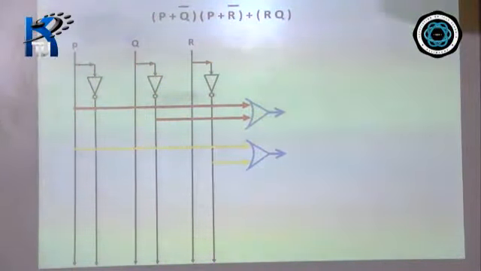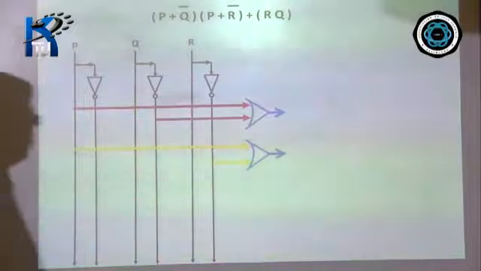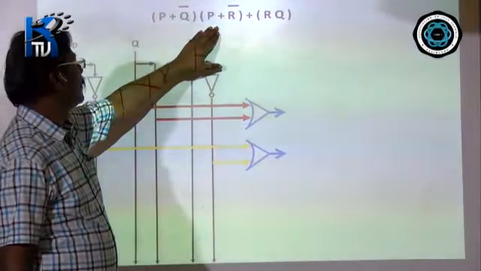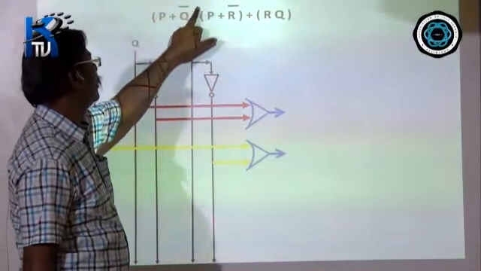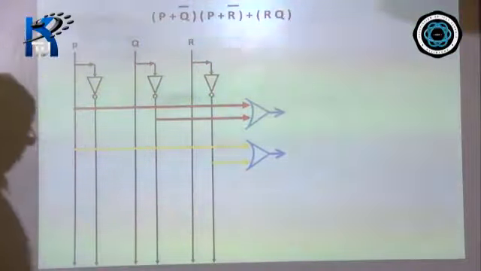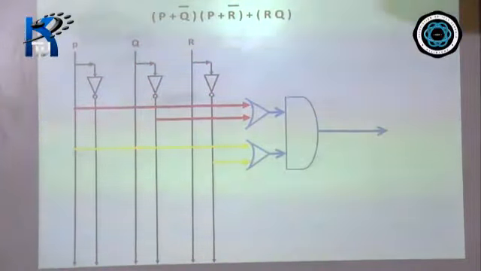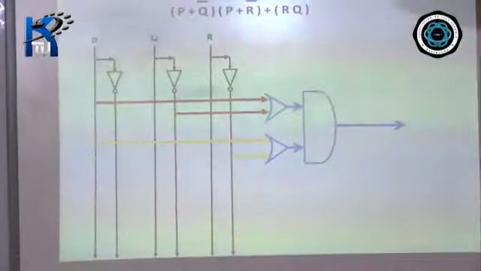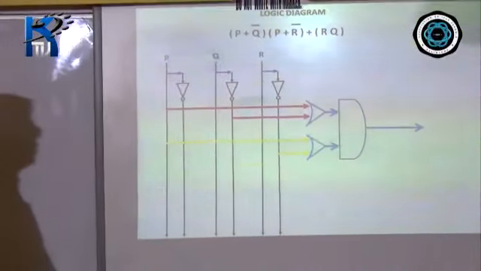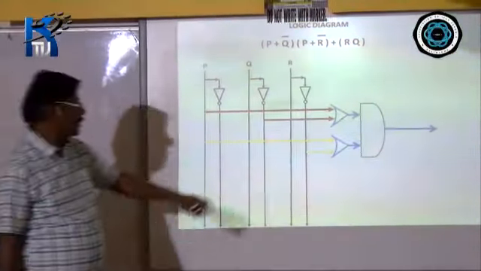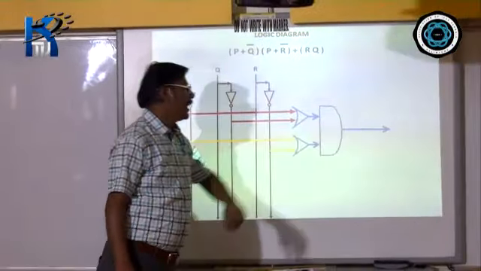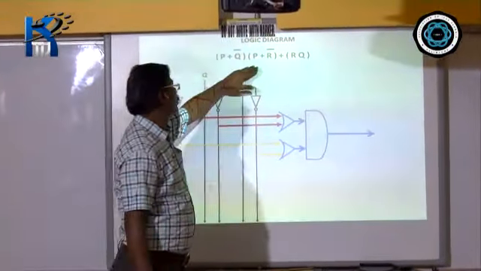So OR gate between P and R complement. Fine. So we have solved this portion, we have solved this. Now between these two we have got the AND gate. The AND gate between P plus Q complement and P plus R complement. So these are the OR gates, this is the AND gate. So this portion is done.